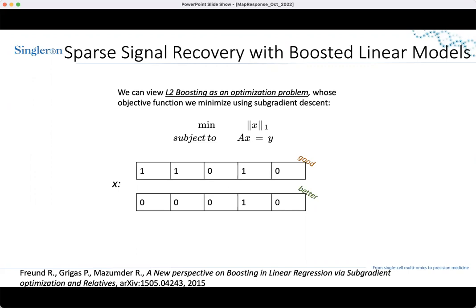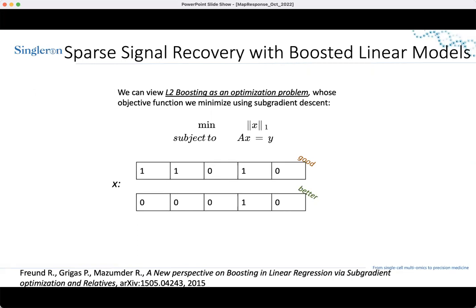What that means is we're going to take P, which is the number of genes we have in a data set, and what we want to find is the sparsest solution that's still predictive of Y. So in this first row, we might have 3 genes, the first 2 and the third, that are kept in the model. And at the bottom, we have 1 gene that's kept in the model. So the bottom row is sparser than the top one.